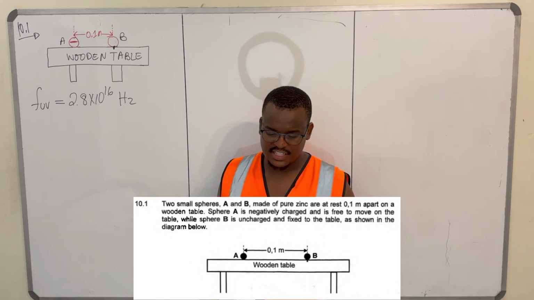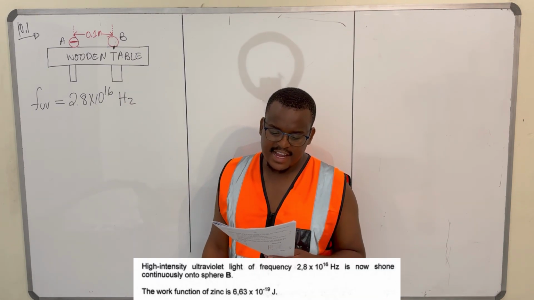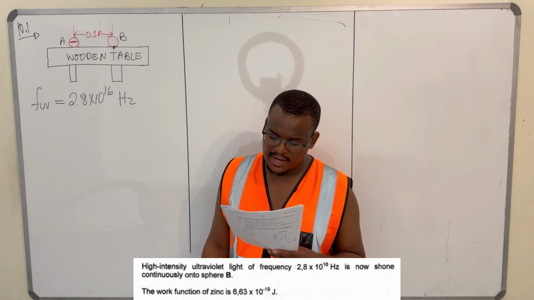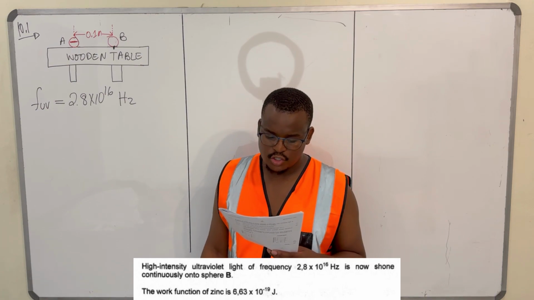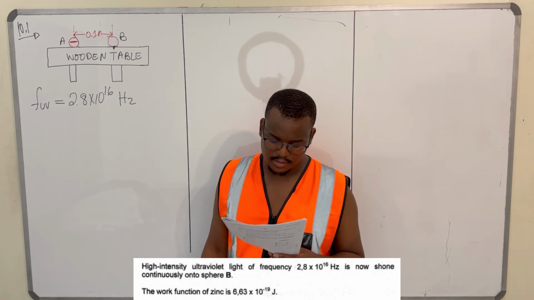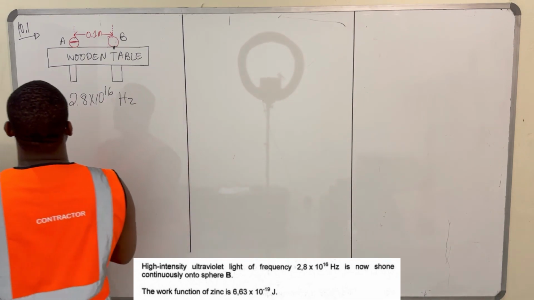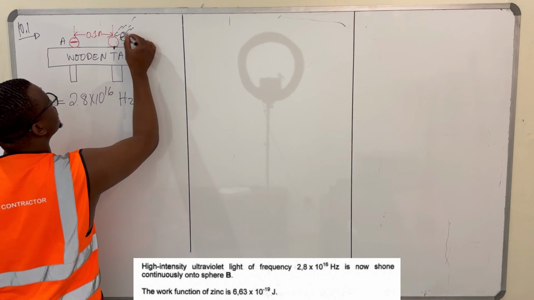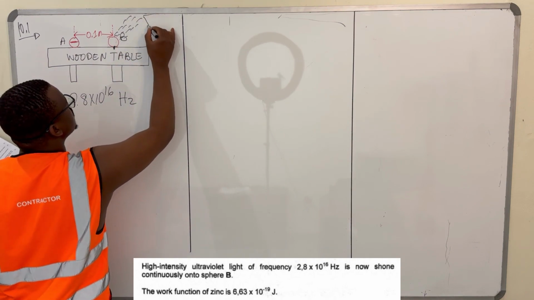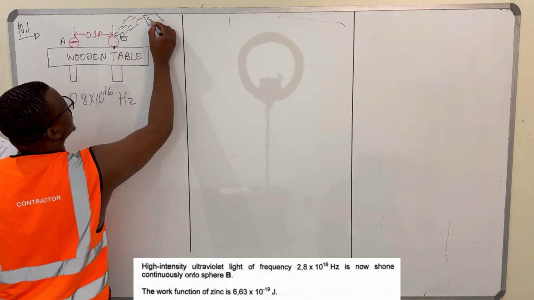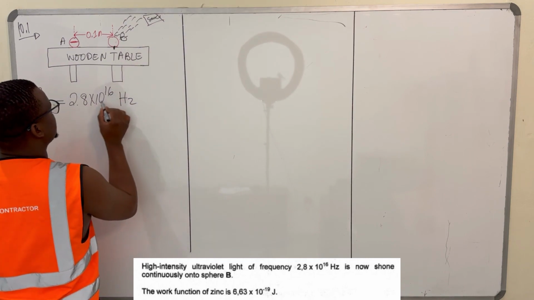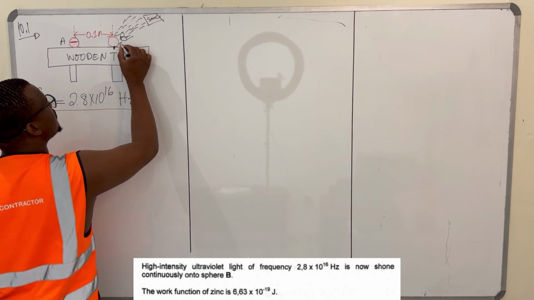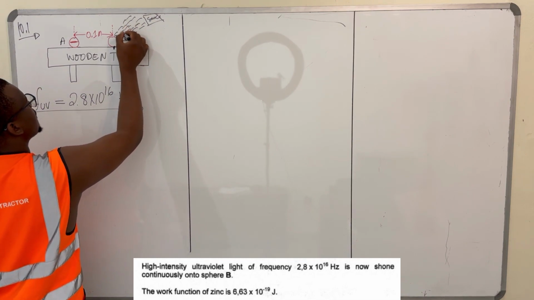So let's continue. They are saying a high intensity ultraviolet light of frequency 2.8 times 10 to the 16 hertz is shone continuously on sphere B. So a light of this frequency is shone on sphere B. Let's say this is the source of the light here, emitting these photons.